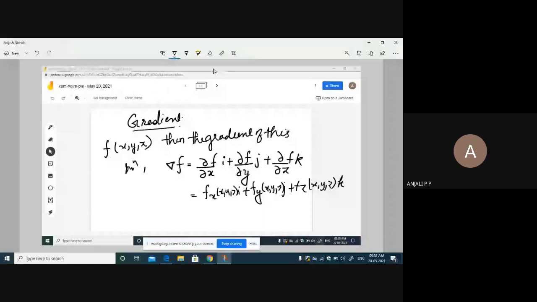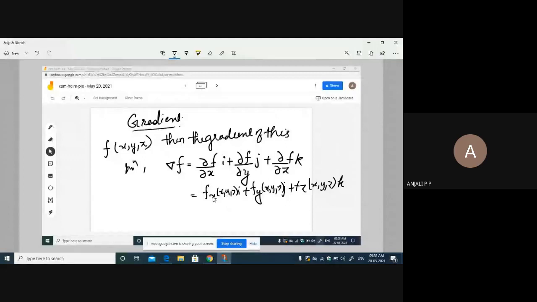So gradient means f is a function, then its gradient is denoted by del f, and del f is equal to dou by dou x of f i plus dou by dou y of f j plus dou by dou z of f k. That is fx of x, y, z. fx means the partial derivative of f with respect to x.